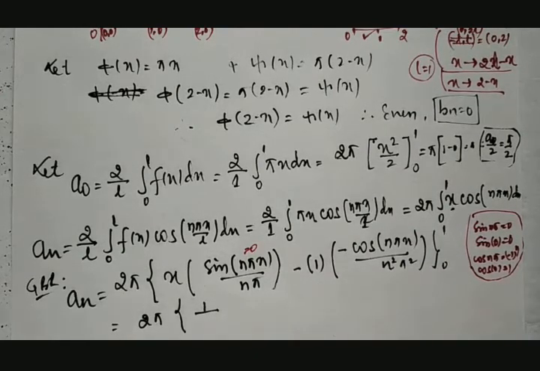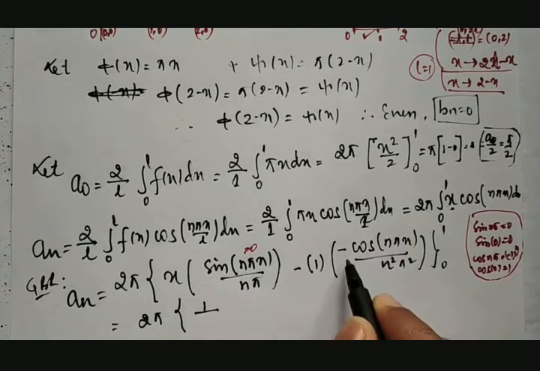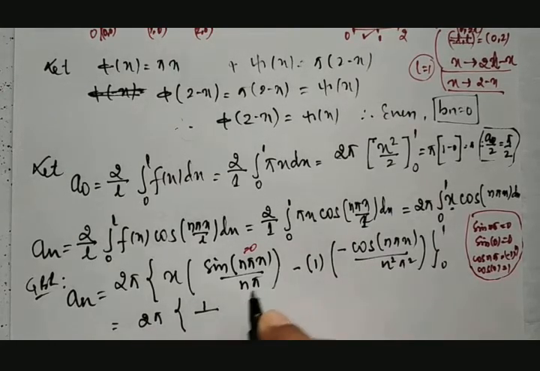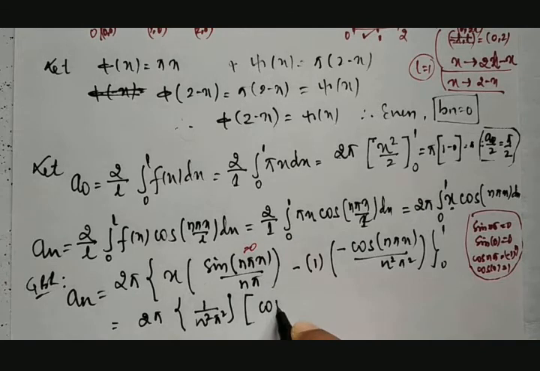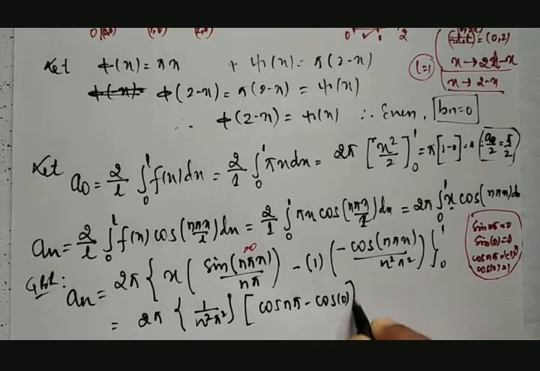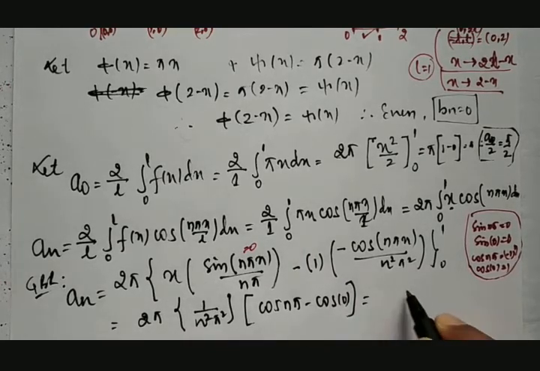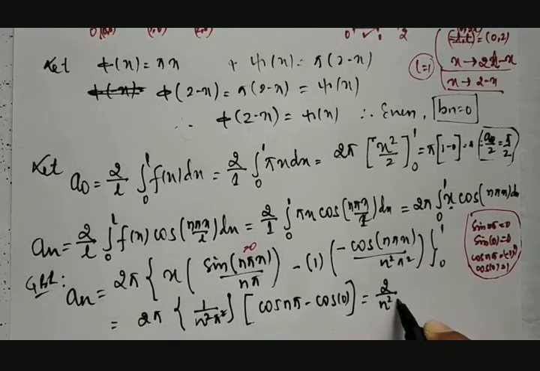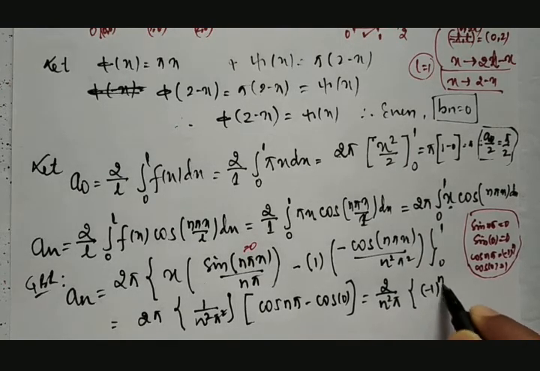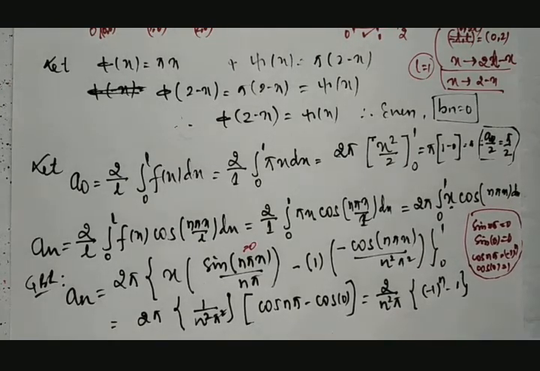If it is removed, then I'll be getting minus of minus, plus 1 divided by n square pi square into cos, upper limit if you put, then it becomes cos n pi minus lower limit cos 0. Therefore, 1 pi gets cancelled, that is 2 divided by n square into pi into minus 1 raised to n minus 1.